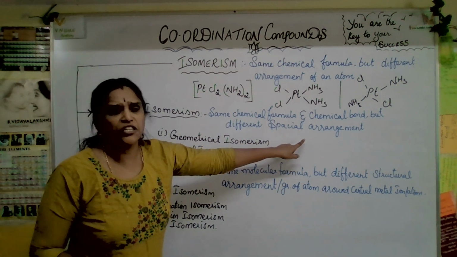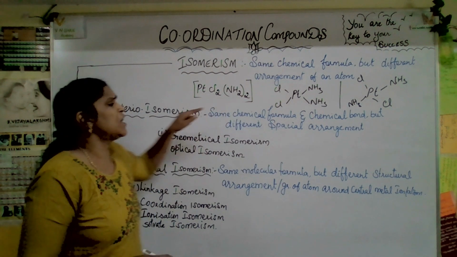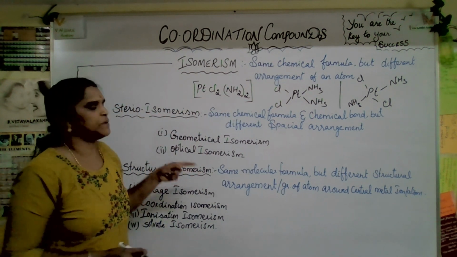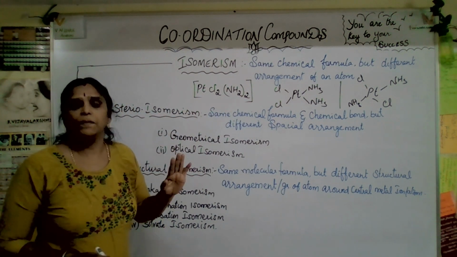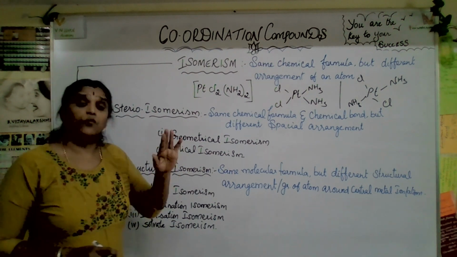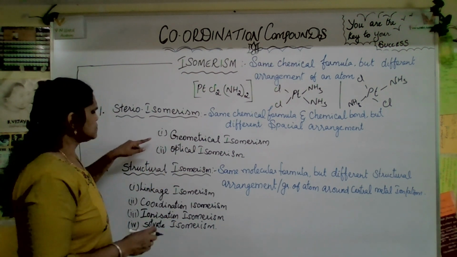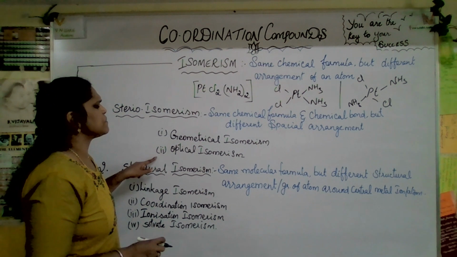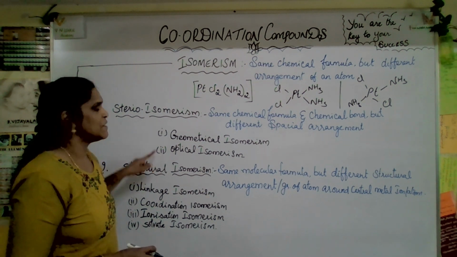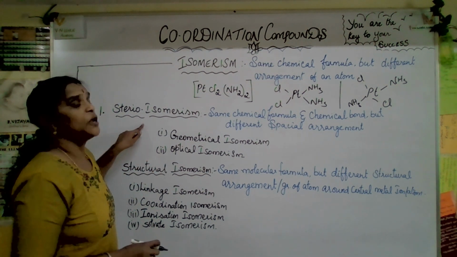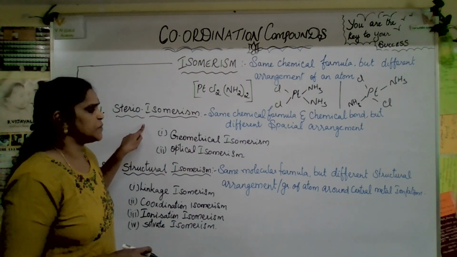Here also they mentioned the same idea. So, what are the types of stereoisomerism? Here it will be really interesting, and this is very important also. Geometrical isomerism and optical isomerism, these are the two types belonging to stereoisomerism.